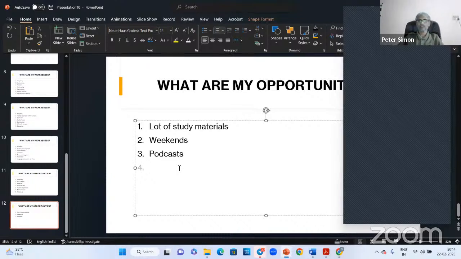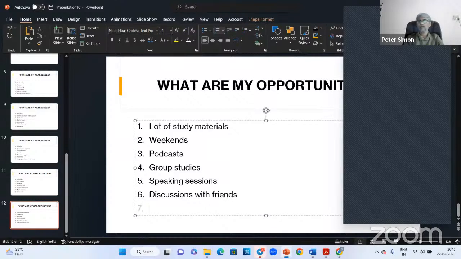Group studies. So we have a number of speaking sessions every time. Kezia is taking 3-4 speaking sessions, but nobody is interested. Combined studies or group studies, right? So friends, discussion with friends, you can say.